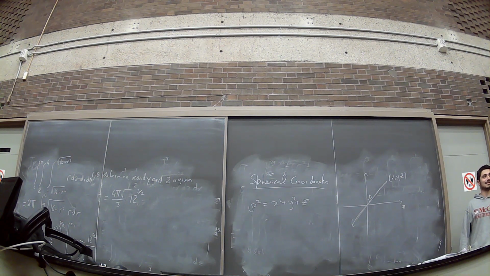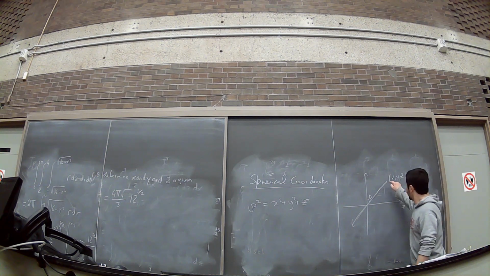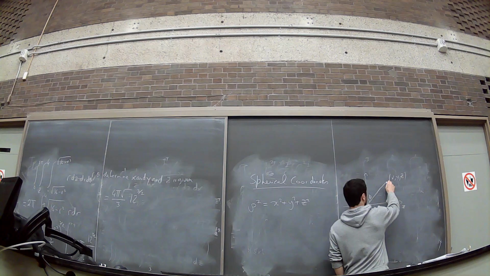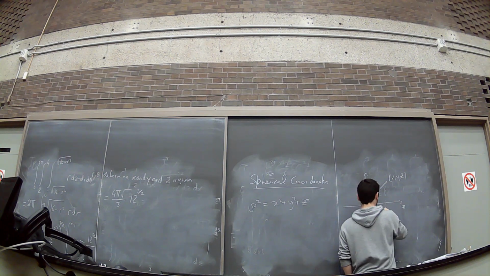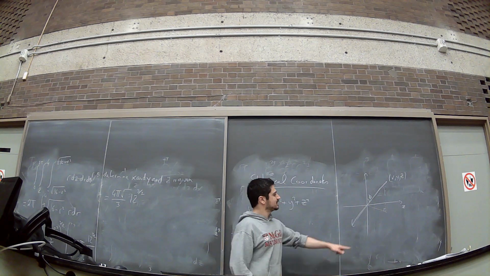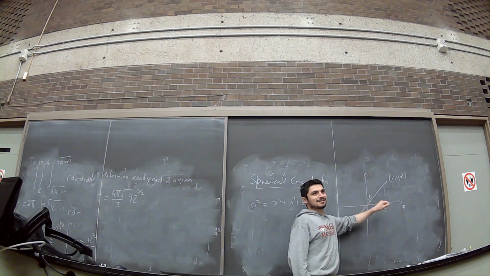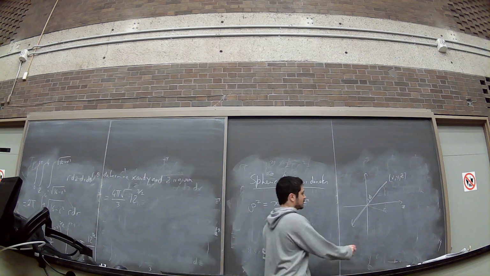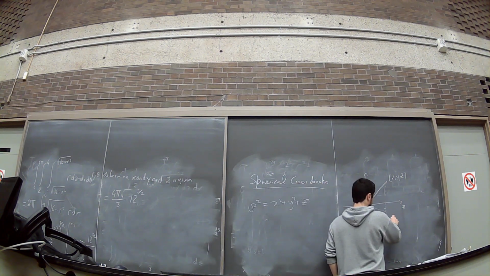Again, for each x and each y. Okay. Very good. So once I project onto the xy plane, what is this height? So here I get x, y, 0, right? This is the point x, y, 0.